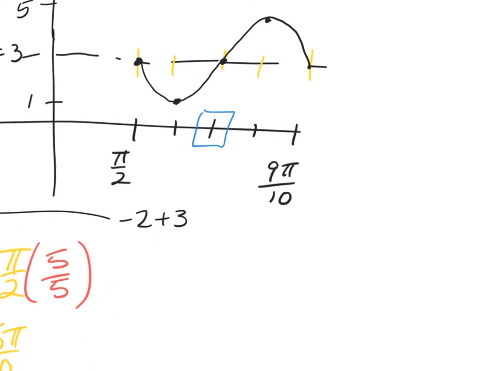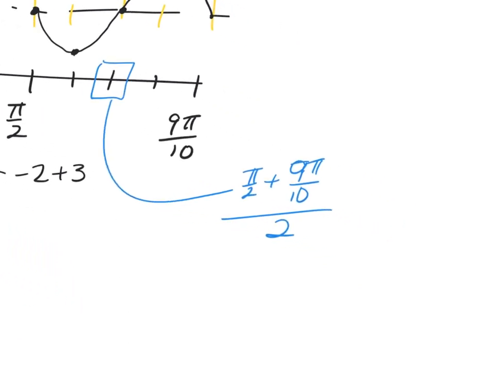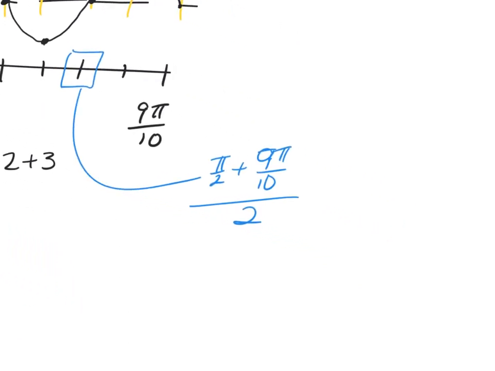So if I want to find that part, then that is going to be equal to my beginning plus my ending, divided by 2. That's where that key point has to be. It is halfway between the beginning and ending. So I just do the addition of these fractions. For the addition of these fractions, I'm going to do my favorite thing, multiply by the lowest common denominator everywhere, which is 10.